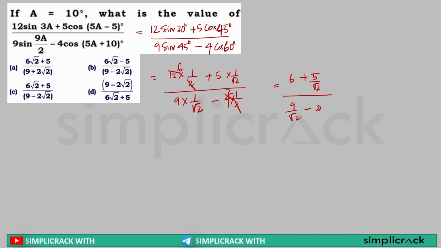Yes or no? Yes. Now, if I take root 2 as the LCM, it will be 6 root 2 plus 5 divided by 9 minus 2 root 2 by root 2. Sir, root 2 crossed out. So what is remaining? Sir, 6 root 2 plus 5 divided by 9 minus 2 root 2. That is option C. Clear?